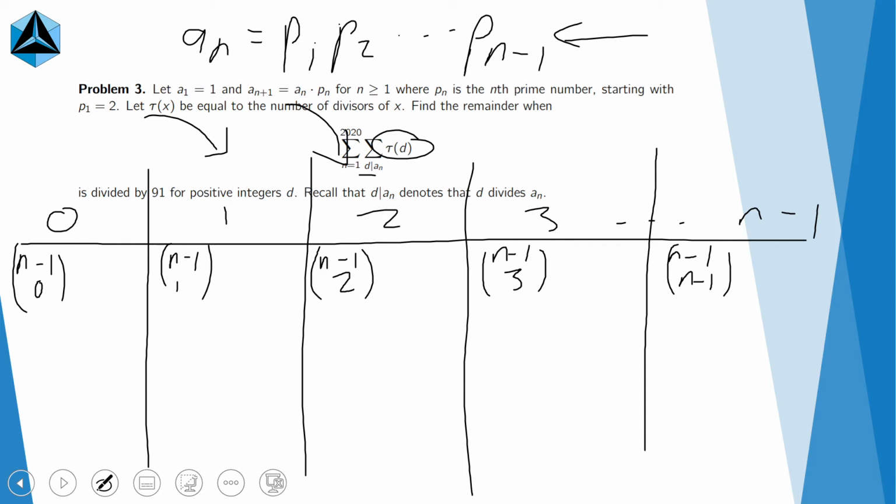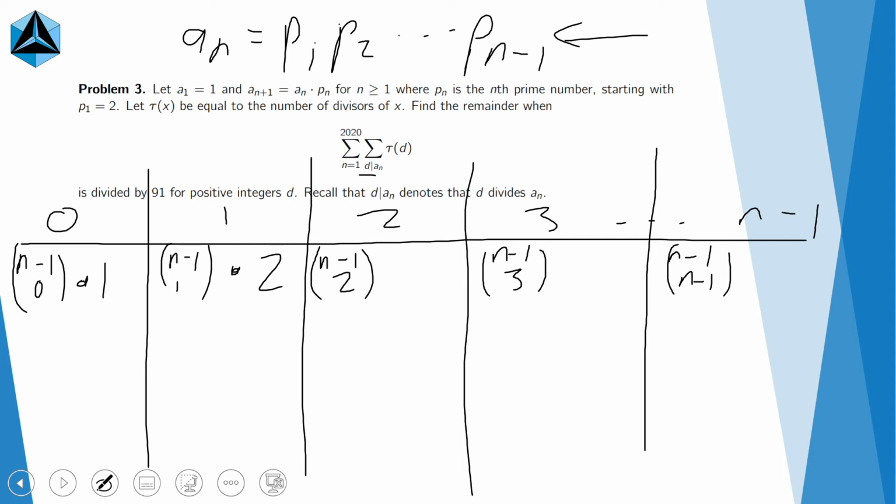Tau of d for group 0 is just going to be 1, because the only element in that group is 1, and 1 has exactly 1 divisor, itself. That should make sense. And then for group 1, we're going to have 2, because each number in that group is just a single prime, and each prime has 2 divisors, 1 and itself.